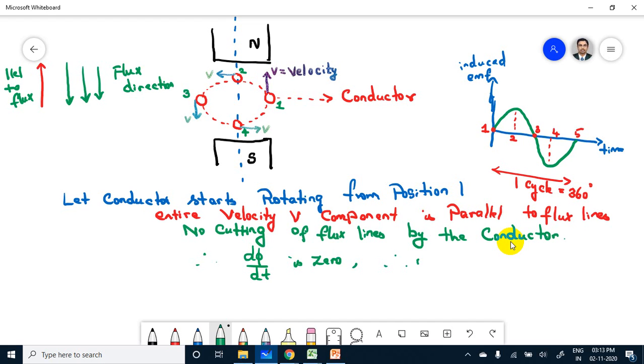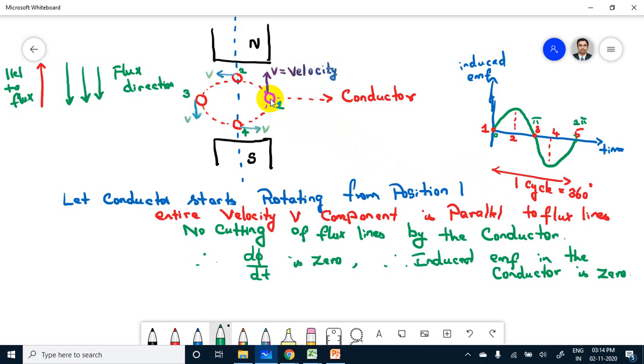Therefore the induced EMF at this position, in our graph, is at the 0 point. This is 0, this is pi, this point will be 2 pi. The induced EMF in the conductor is 0.